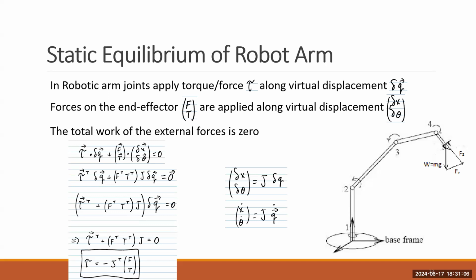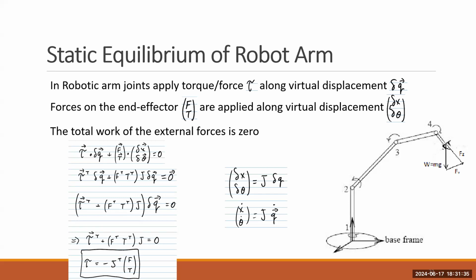It has several joints. And at each joint, there is a motor that applies a force or a torque. If it's a linear joint, it applies a force along the joint. If it's an angular joint like this, it applies a torque in the joint.